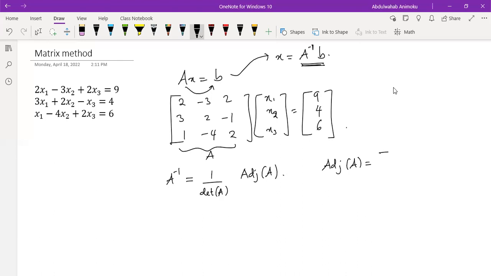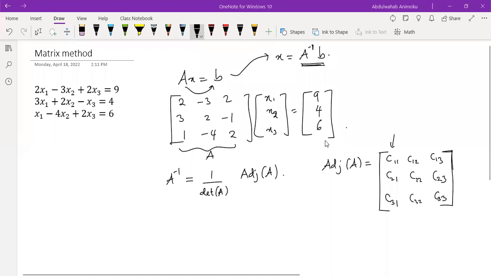Basically, you have a matrix with entries C11 up to C31, C32, and C33. We're going to find all of these entries, and each of these entries is called a cofactor, a cofactor for this entry, for this entry, or for this entry.